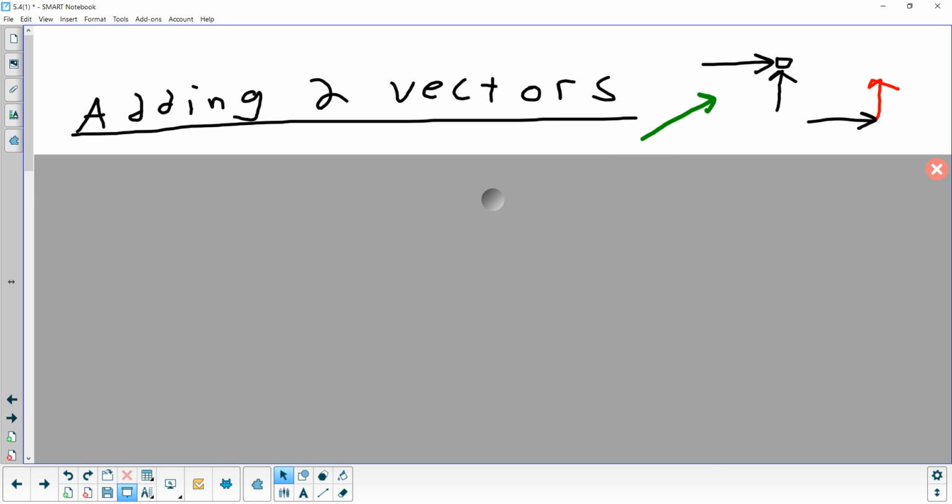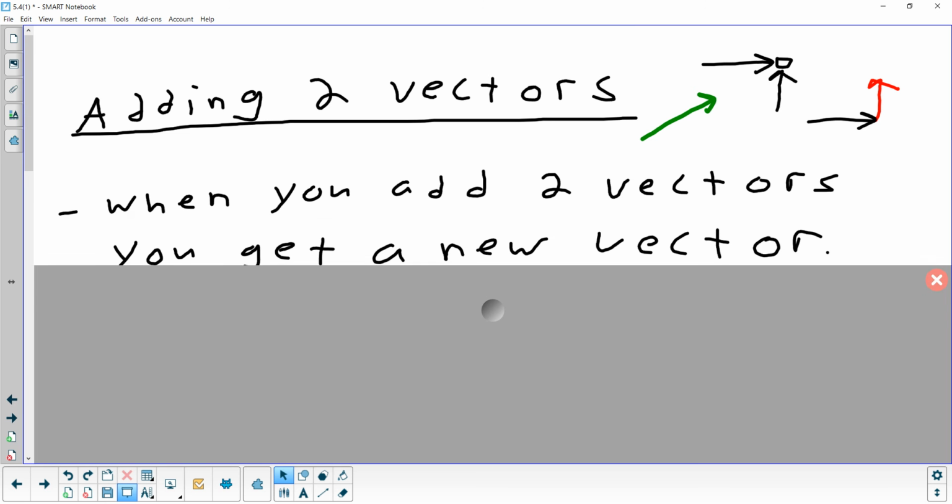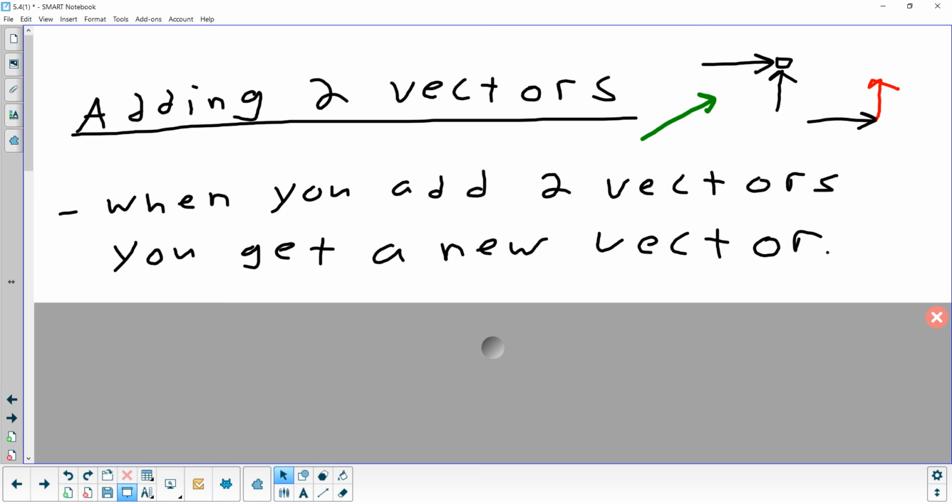So when we add 2 vectors together, you can just put that down. When we add 2 vectors together, what ends up happening? You get a new vector. So in this example, when you combine the black and the red, you get the green. And I'm going to explain exactly how I did that, and that's what you're going to do.